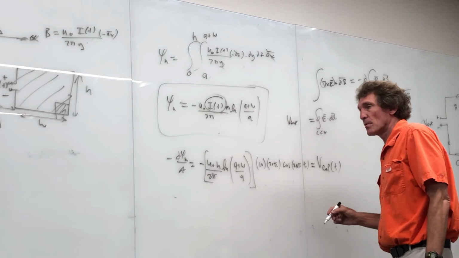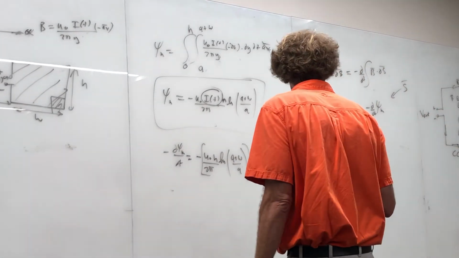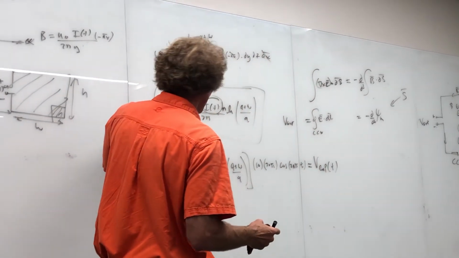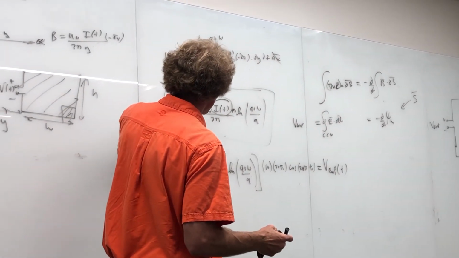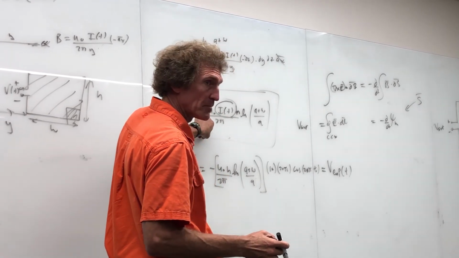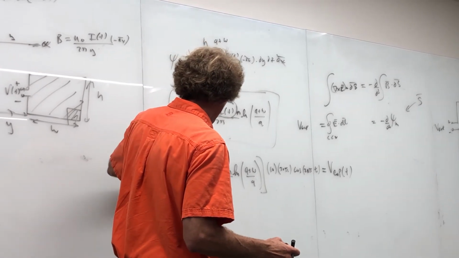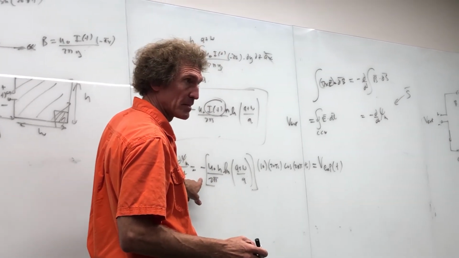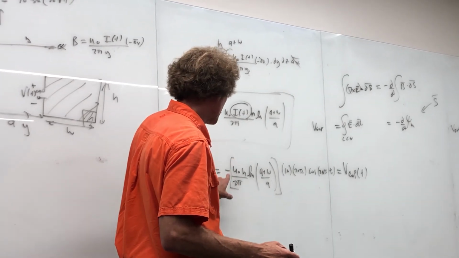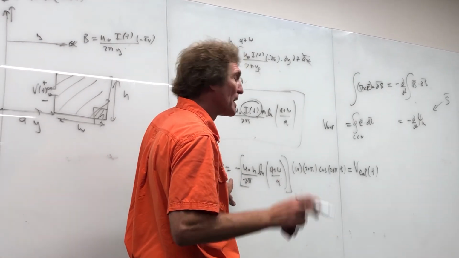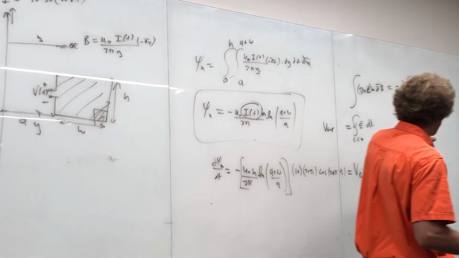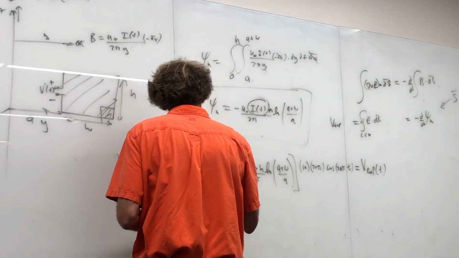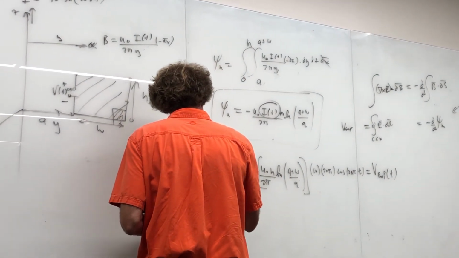This is the flux itself and it has a minus sign. Now when I take the time derivative, that's what I get without the minus sign. But the formula says I have to take minus d phi dt, so it makes this positive. And that is V EMF of t.